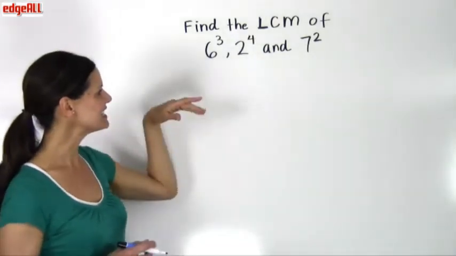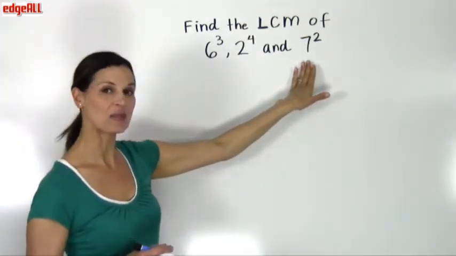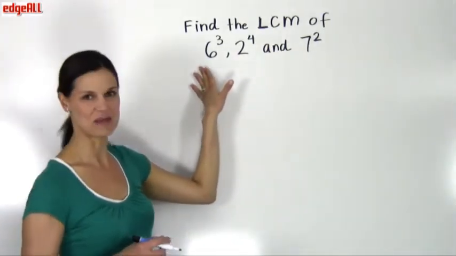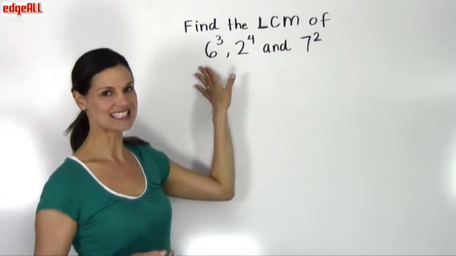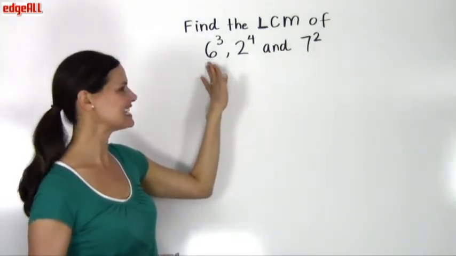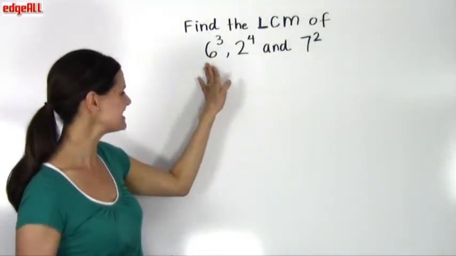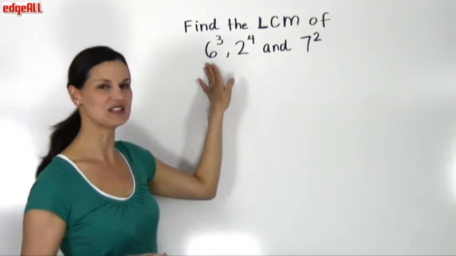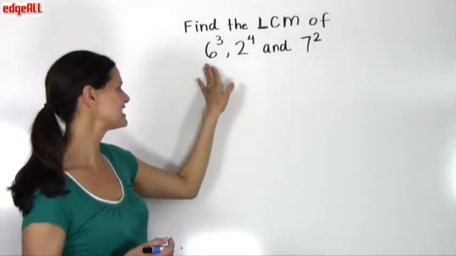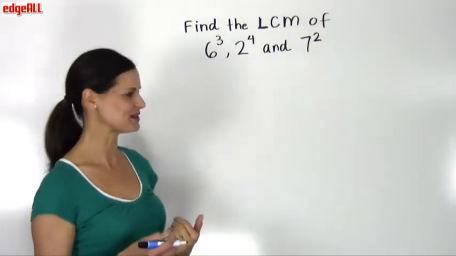So in this list we see that 2 and 7 are prime numbers, but that 6 is not a prime number. So my first step, step 1, is simply identifying that 6 is not a prime number. My second step is going to be to perform the prime factorization of 6 so that I can put it in terms of prime numbers.